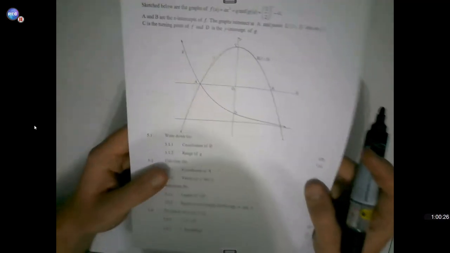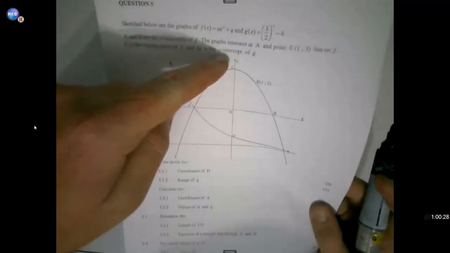5.3.1 asks you to calculate the length of CD, C all the way to D. Distance formula, guys, distance formula.